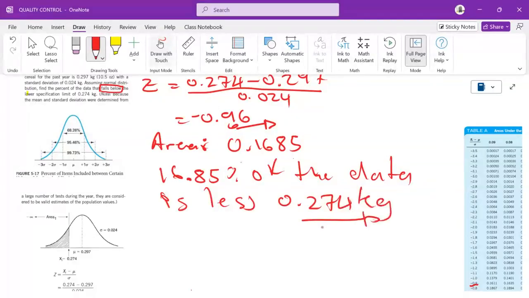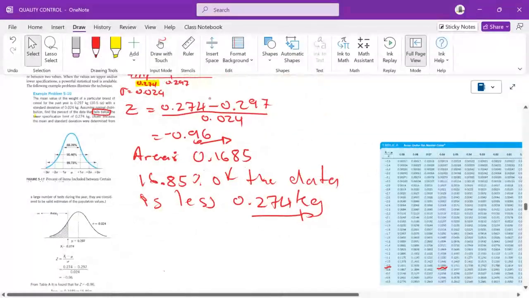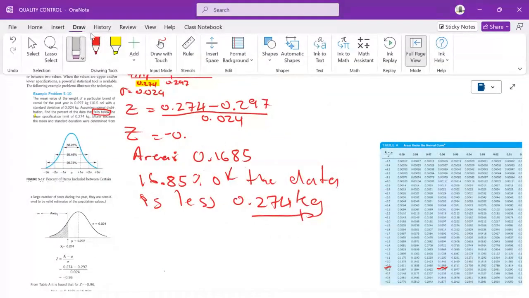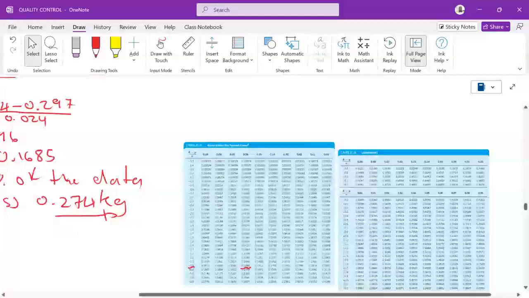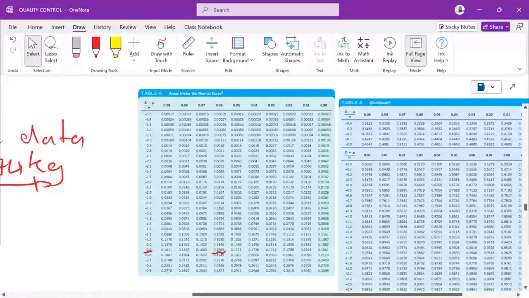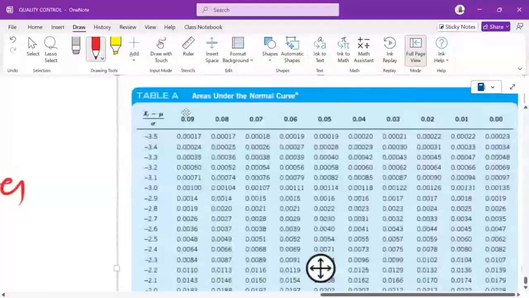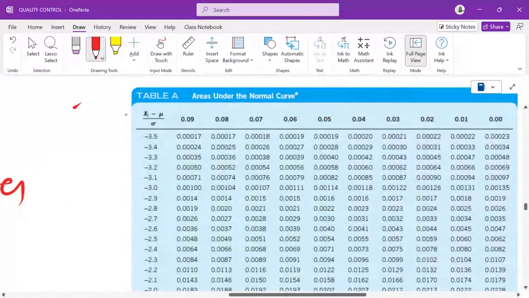So now, as you can see, we have achieved our goal. But then, how did I get the z of negative 0.96 on the table? That's the question that we are asked. All right. If you pay attention here, the z formula is z equals this, right? So the values that we're getting for z are represented by this, and these are their decimal values.